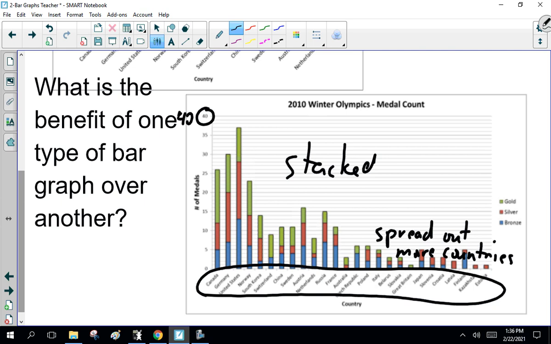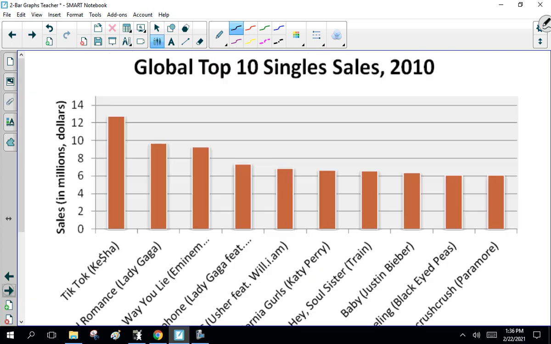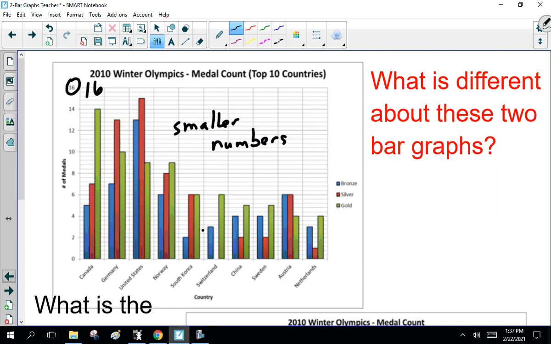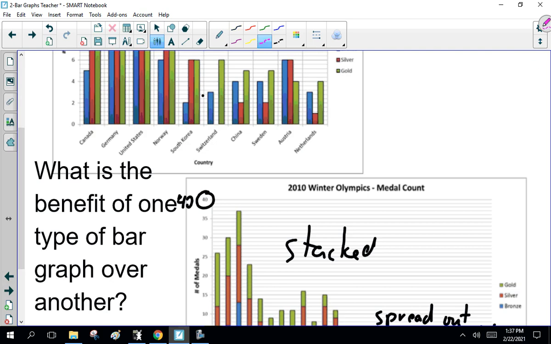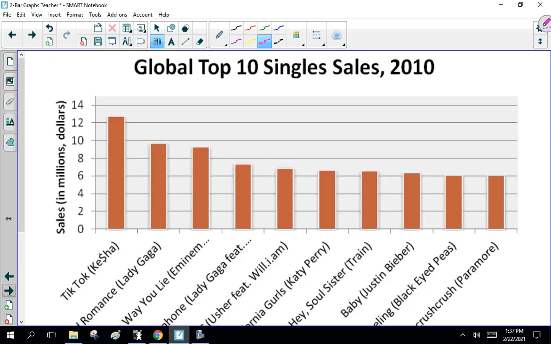Just be aware of that, okay? Now, I'm sorry, I apologize, I meant the benefit of one type of bar graph over the other. Getting old. Anyway, moving on.